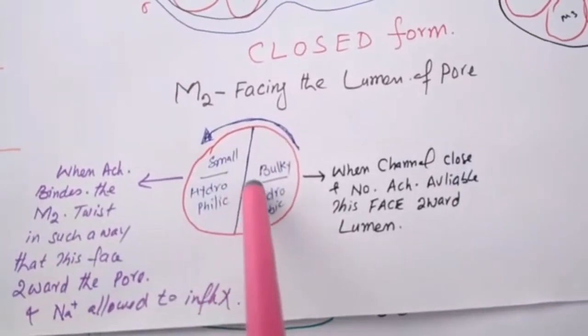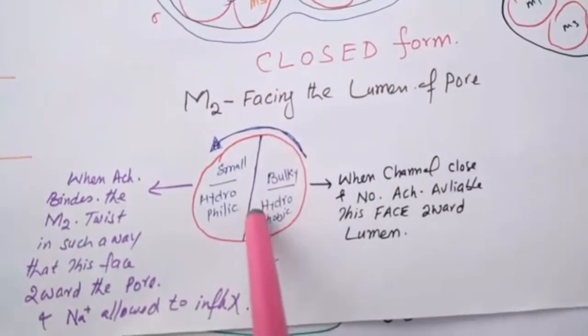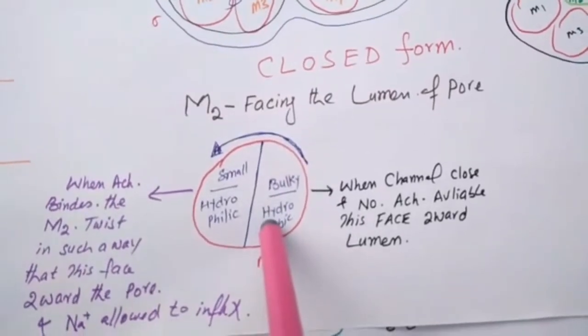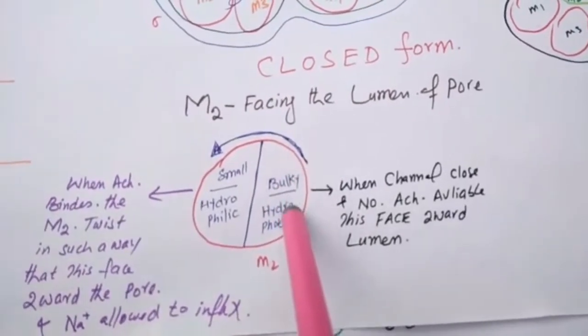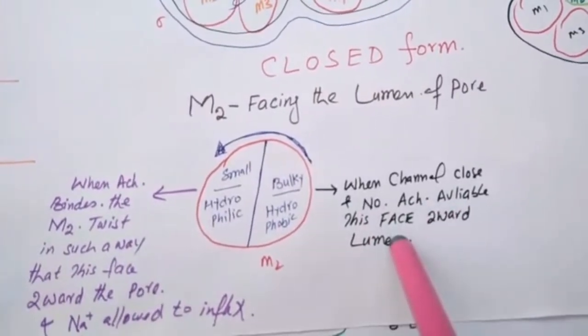When there is no acetylcholine binding and the receptor is closed, the channel is closed, in this closed form, this bulky hydrophobic part is facing toward the lumen.